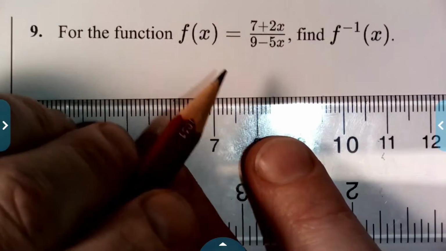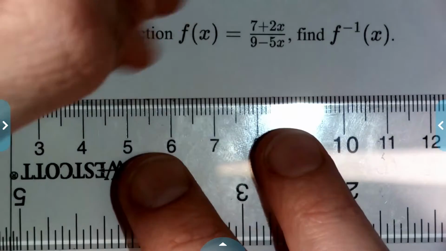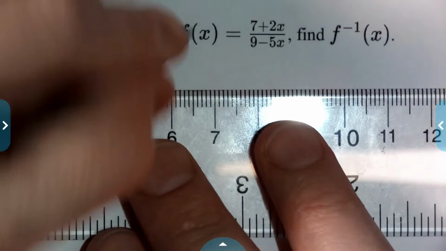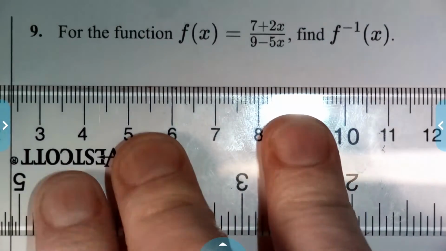So the first step with any of these inverse function problems is to rewrite, instead of f of x, write it with a y.